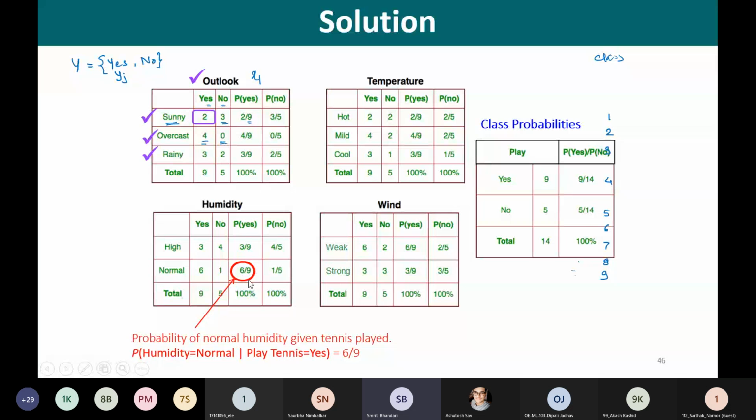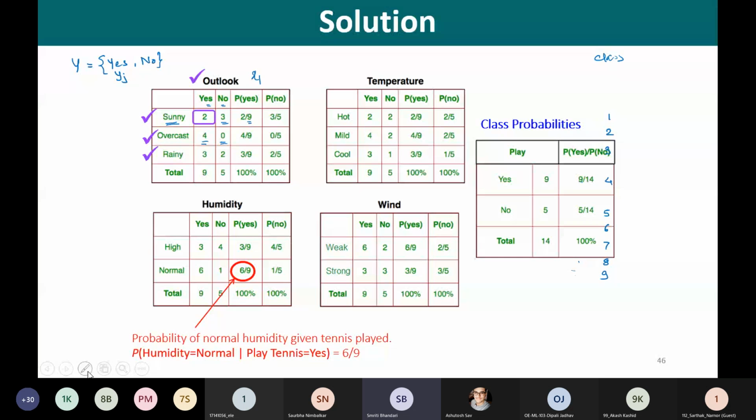How to interpret this? This is the probability of normal humidity given tennis is played, that is, the probability of humidity equal to normal given play tennis equal to yes, and this probability is computed as 6 divided by 9.